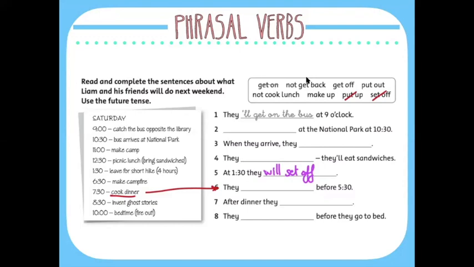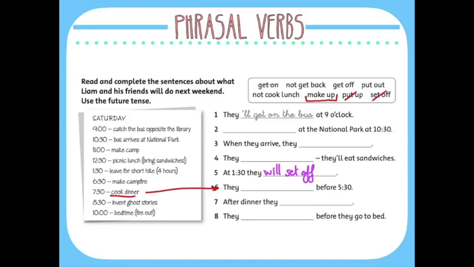Gabriel Bermúdez. Come on, they make up the dinner. They will cook dinner before 5:30.